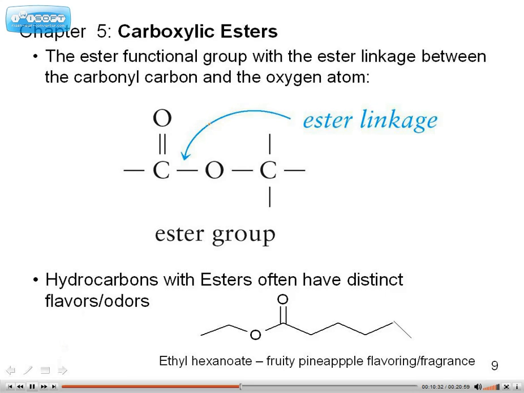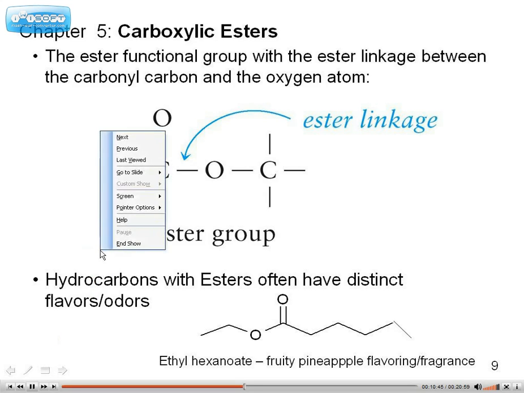Esters. So this is the last part of the naming scheme for this first part of the commentary. Let's go straight to a nice example right here.